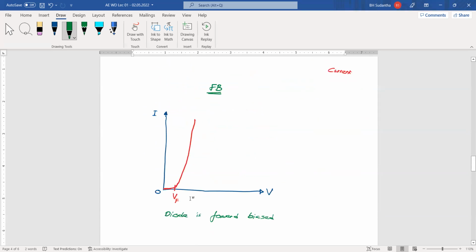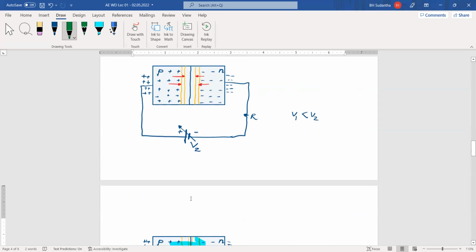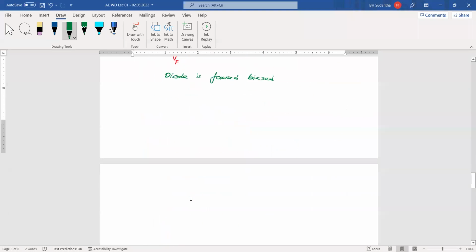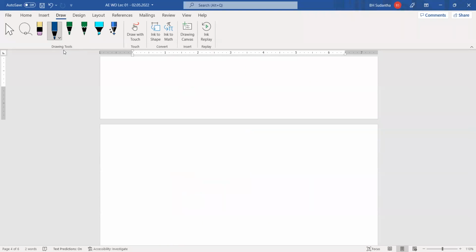Now, shall we try to do the other way? What will happen? You have the diode in the same direction now, but this time you have applied the voltage in the other direction.